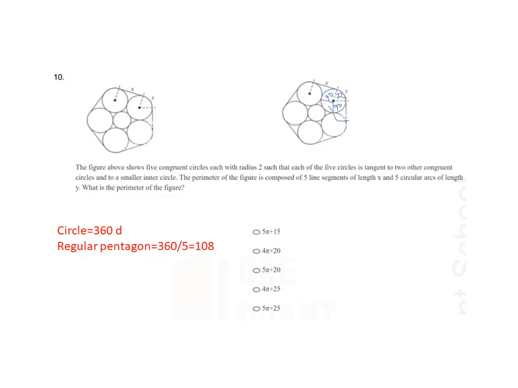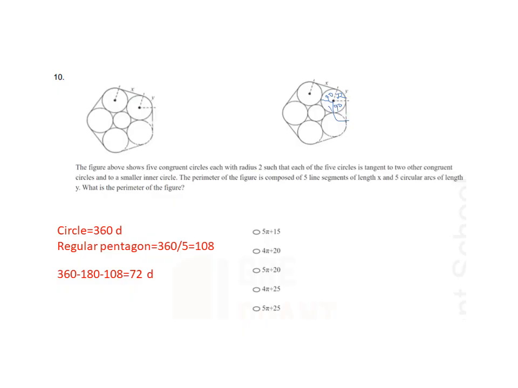That is 360 divided by 5 equal to 72. Now, what will be the degree where the Y is written? It will be the whole circle 360 minus 180 minus 108 equal to 72 degree.